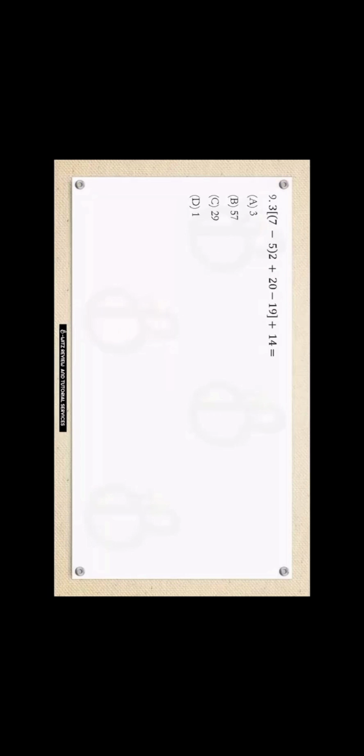Question number 9, we need to simplify this expression. Again, we need to use our PEMDAS rule. So we need to simplify inside our brackets here. And as you can see, this is the expression inside the bracket.